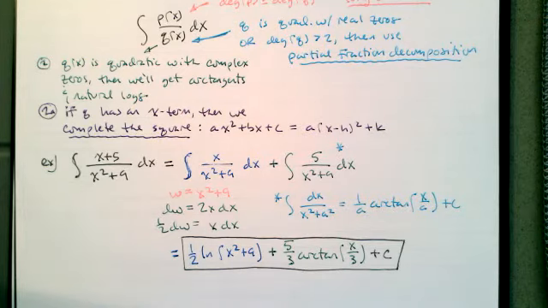We can get there by doing trigonometric substitution, but we don't have to do trigonometric substitution. We can just remember this one. This is one of our core integrals to remember. Any questions?